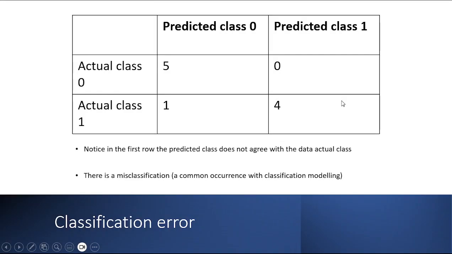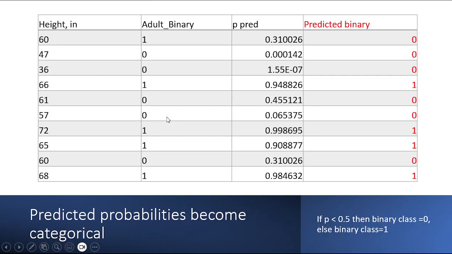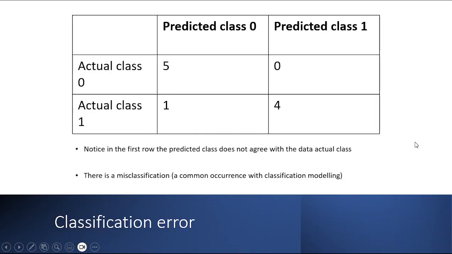Okay. And so how accurate was my model? So the actual class, there were 5 that were 0 and 5 that were 1. This is the actual data, and then these are the predicted. I got 5 out of 5 class zeros right.